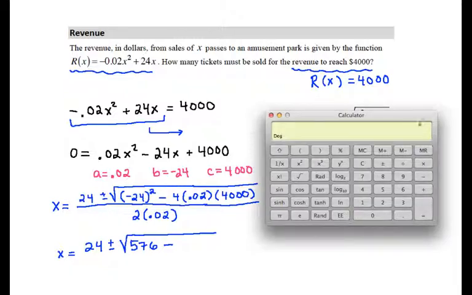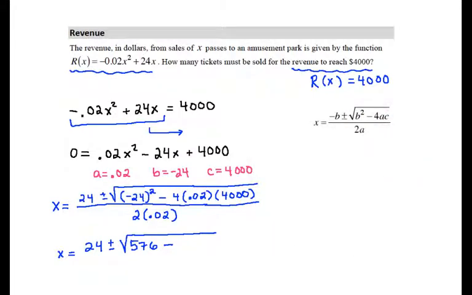And let's take a look at 4 times 0.02 times 4,000. That gives us 320. The whole thing divided by 0.04.